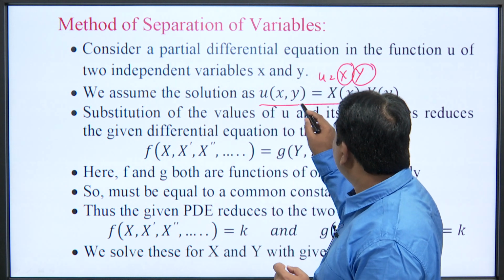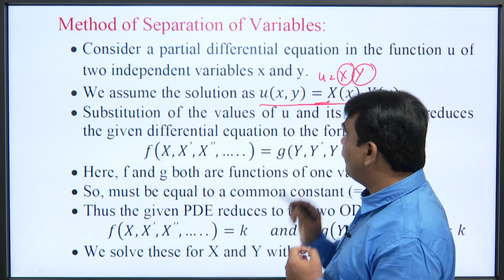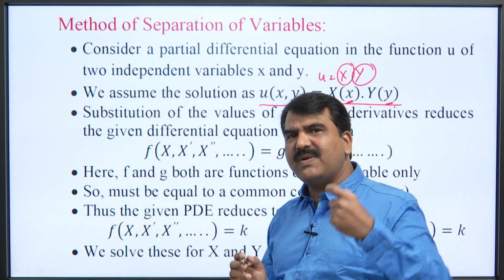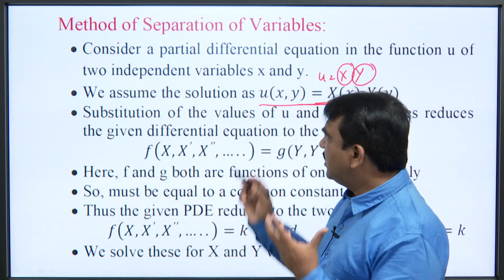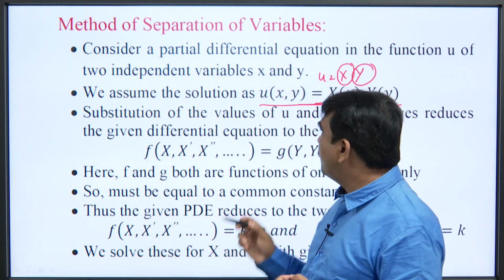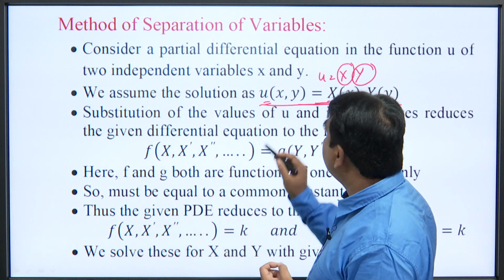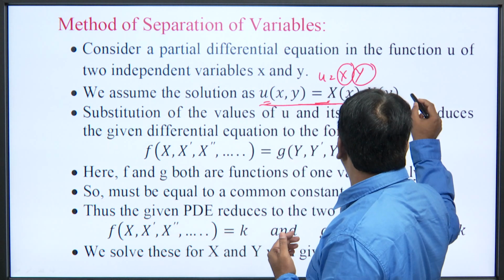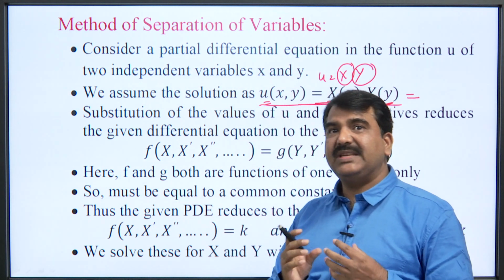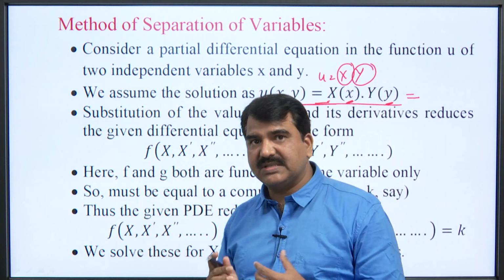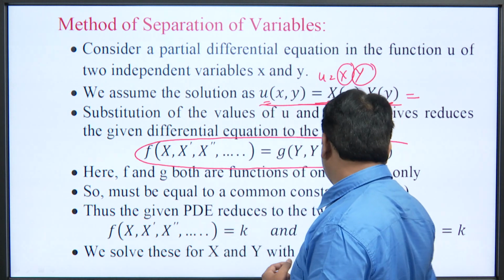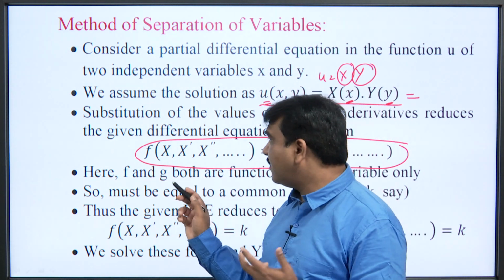When we write the solution in this form, we then find the suitable partial derivatives required for the differential equation. In the differential equation, the partial derivatives are given with respect to x and y. So, we obtain the partial derivatives with respect to x and y from this expression, and when we put these values in the given differential equation, it will reduce to this form.